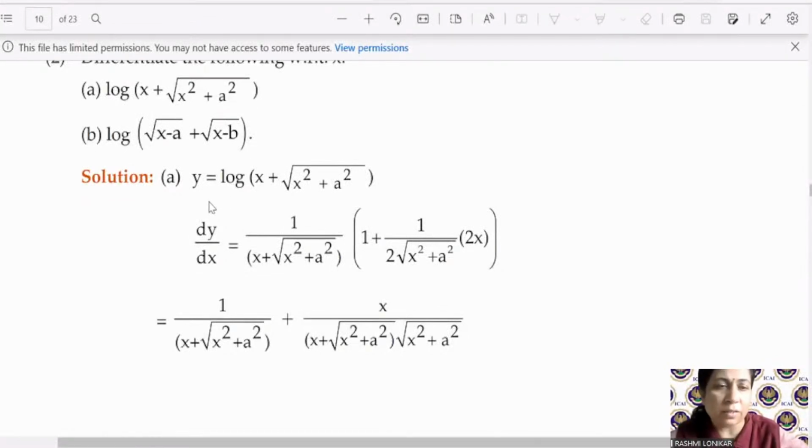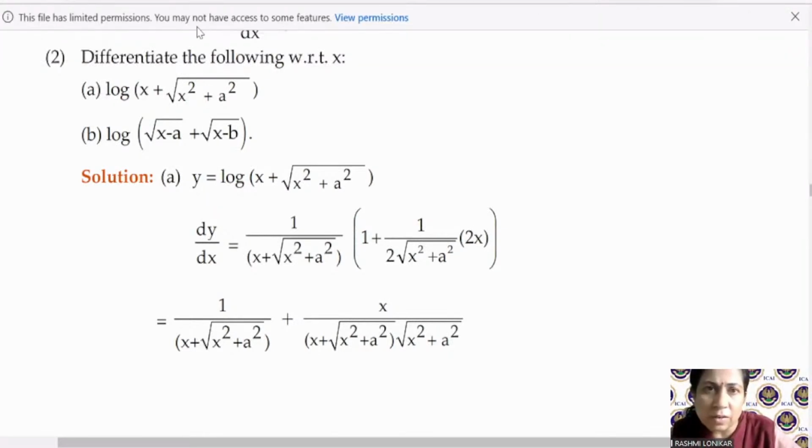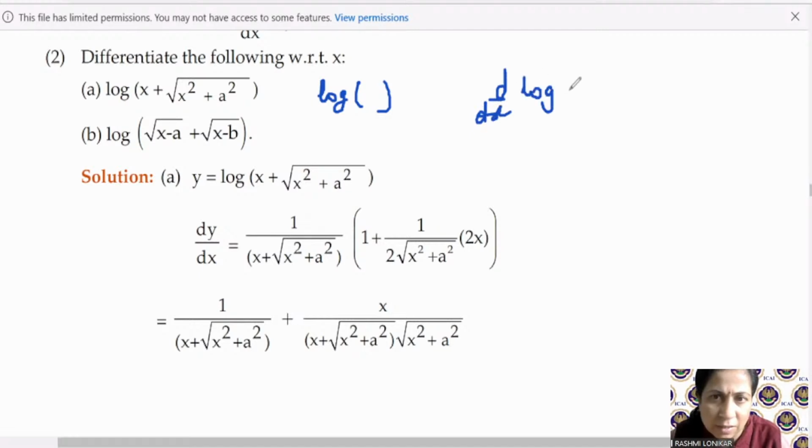Now here again, see what you have to do. This is log of something, so the derivative of this will be 1 upon x. I know that d by dx of log x is equal to 1 upon x, so the derivative of this will be 1 upon this.